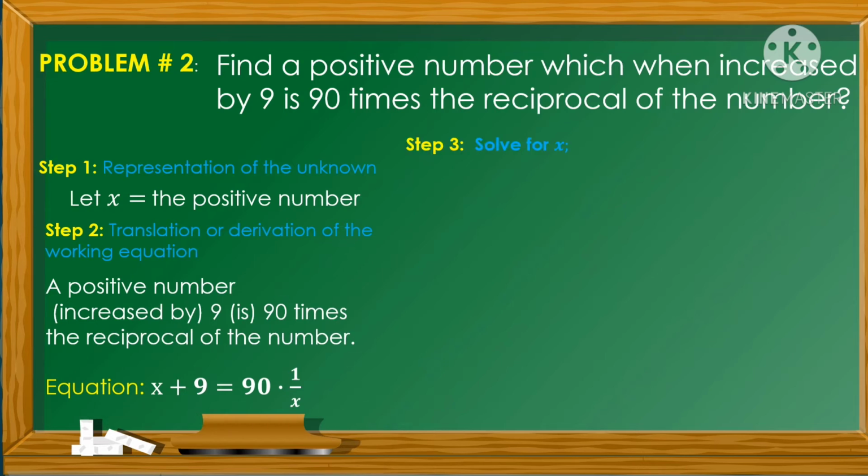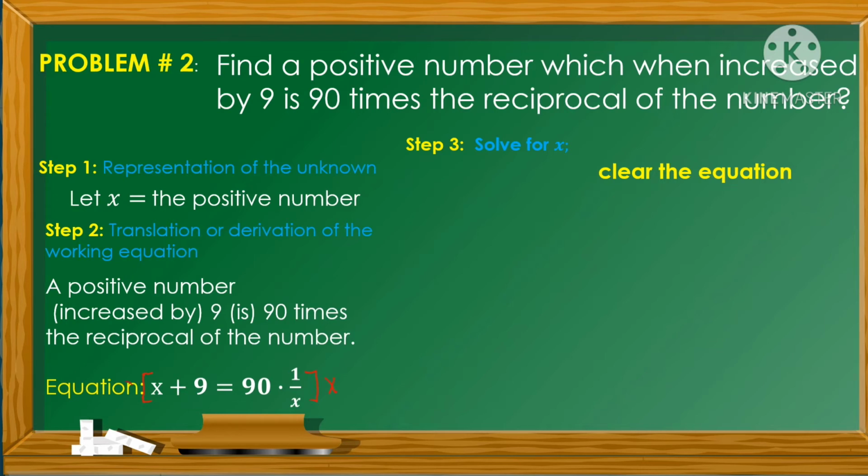So, then we'll solve this equation. This equation is considered as an equation transformable to quadratic equation. So, we have to clear the equation. Pag sinabi natin clear the equation, we have to remove the denominator. So, para ma-remove yan, i-multiply natin both sides of the equation by the least common denominator. Isa lang naman ang denominator dyan, x.